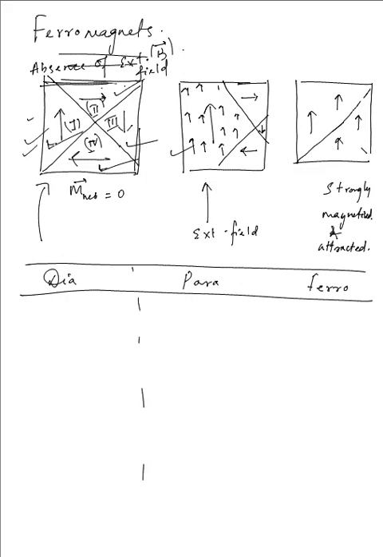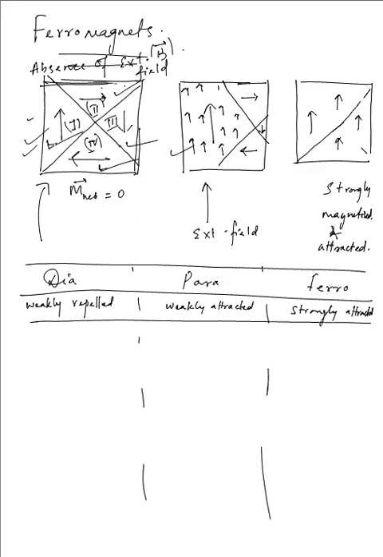To start off, these are obviously weakly repelled, while these are weakly attracted, and these are strongly attracted to the external magnet that is provided to them.